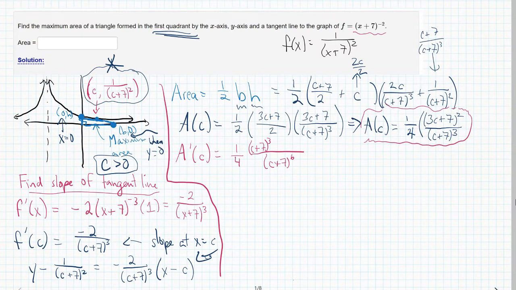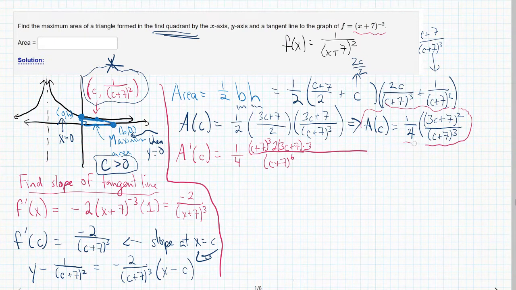Then we need to use our good old-fashioned power rule for a second, along with the chain rule. So this goes 2 times 3 times (c plus 7). Then chain rule here, derivative of the inside. Derivative of 3c plus 7 is just 3. And so we're good with that part.